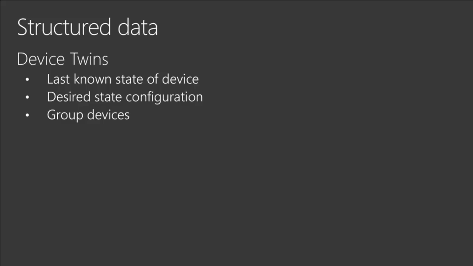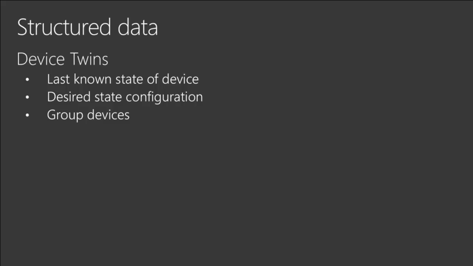But then, if they want to do simple configuration, poking on the device to know what the state is and so on, we have the notion of device twins. So device twin is basically a JSON file that IoT Hub maintains for each of the device identities being created. That device twin, I'll detail that, basically stores the last known state of the device. The device connects to IoT Hub. At that moment, it synchronizes the device twin.